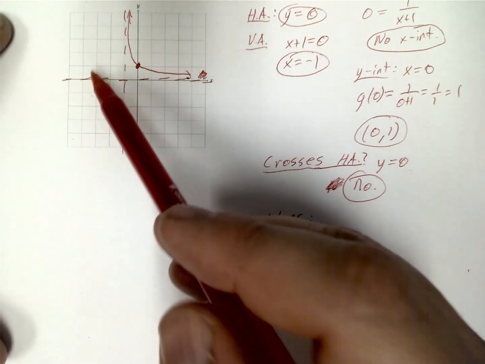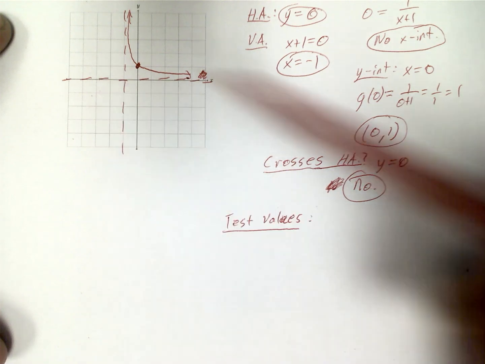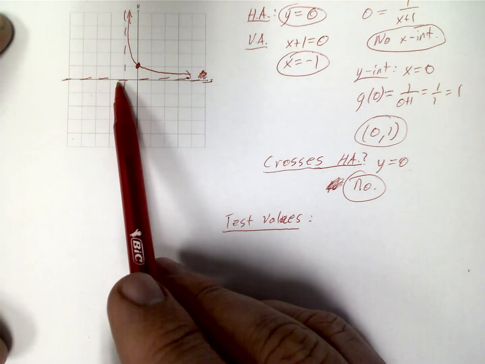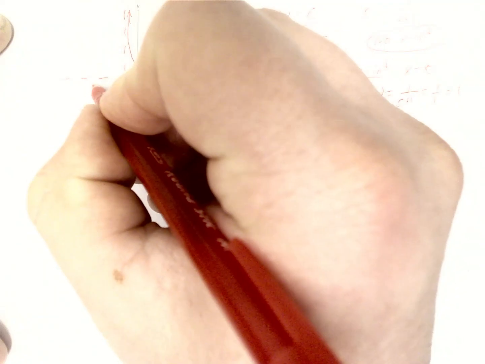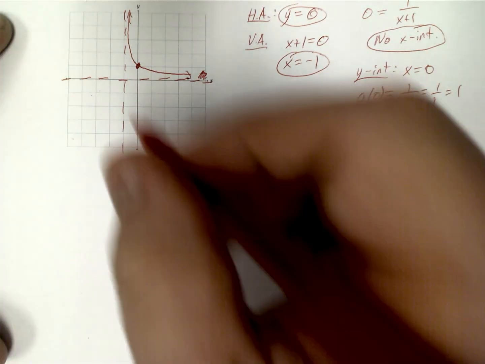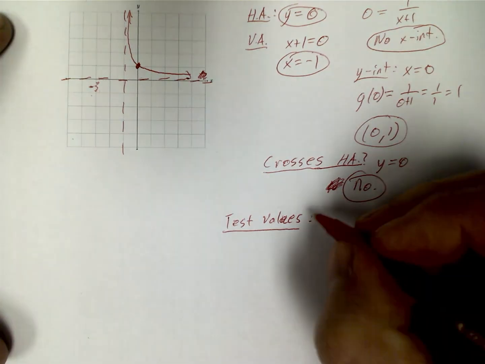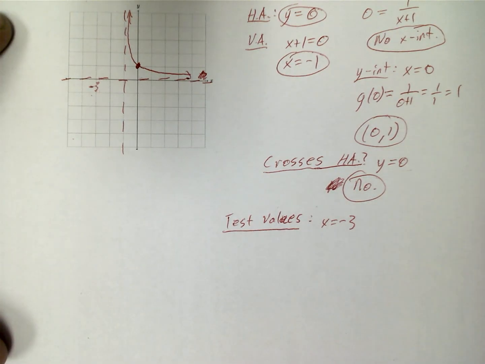So if it's above the x-axis, meaning the y is positive, or below, meaning the y is negative. So all we have to do is test a value over here. When we're saying values, we're talking about x values. Well, -3 works. Is it going to be above here or below? So let's just test x equals -3. You could test -2, -4. All those are fine.